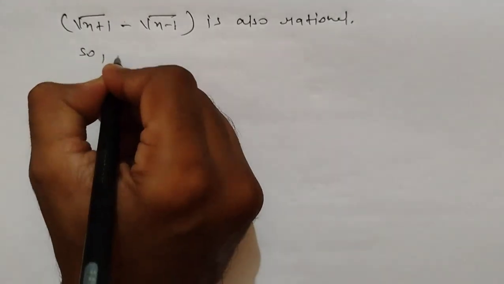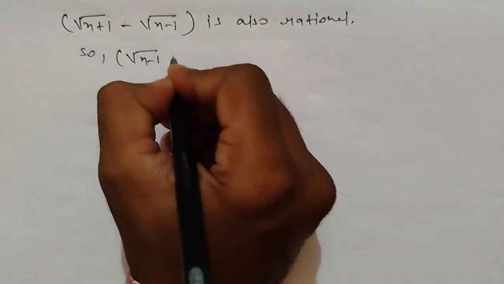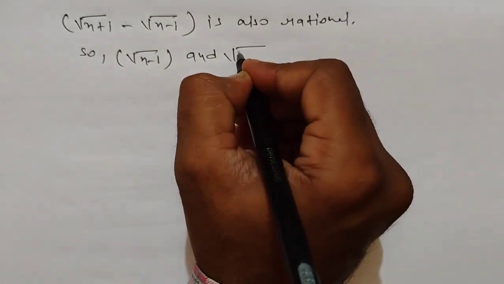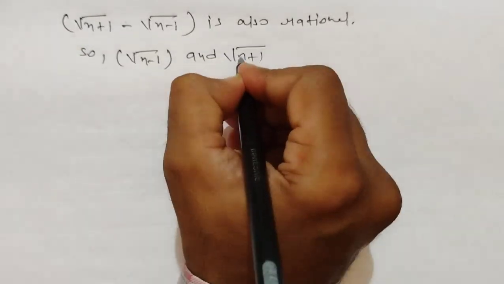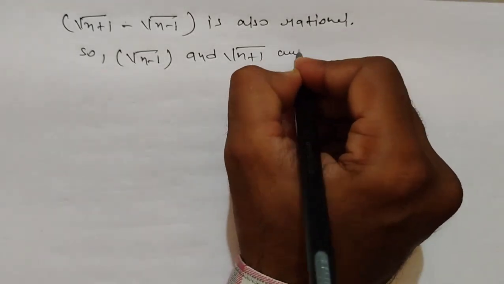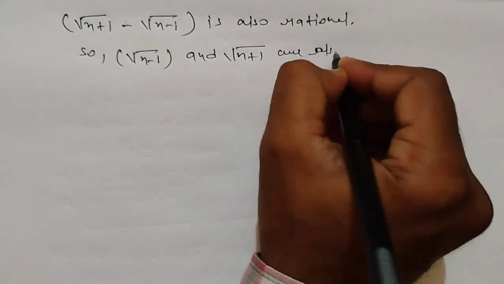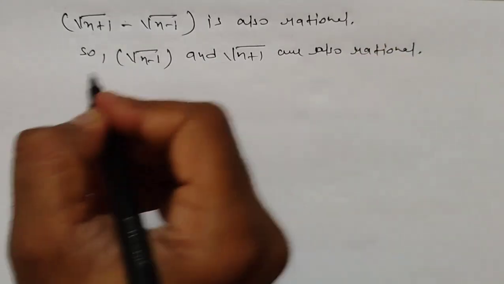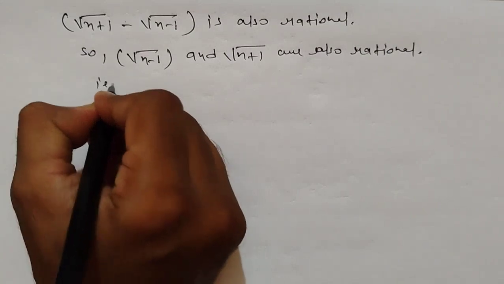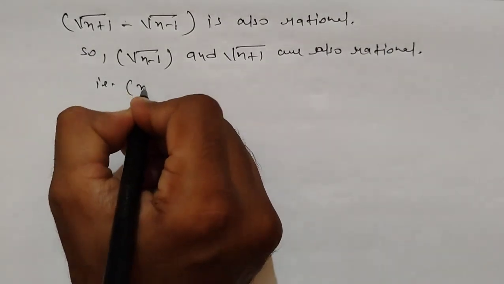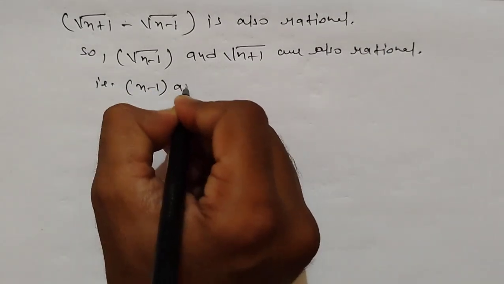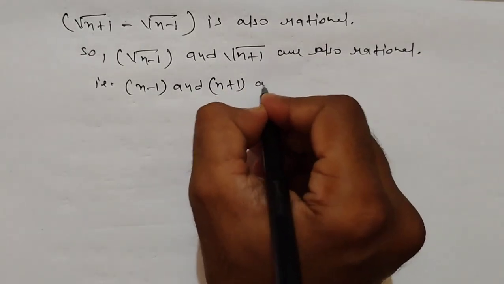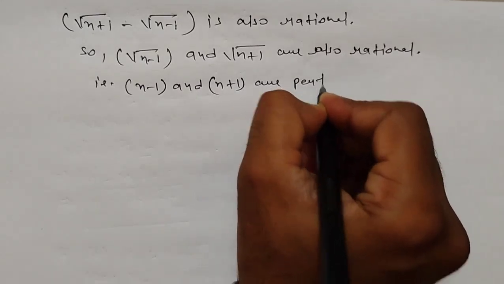So we can write that square root of n minus 1 and the second term square root of n plus 1 are also rational, and that is n minus 1 and n plus 1 are perfect squares.